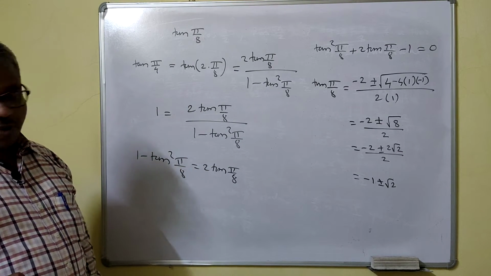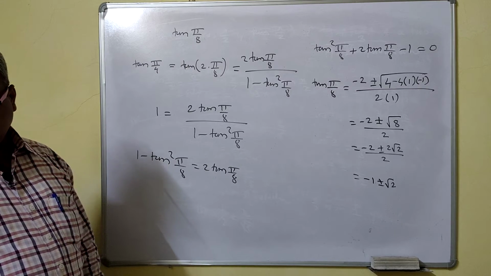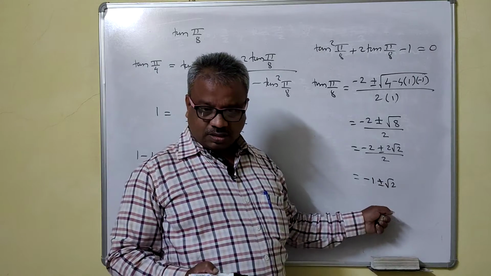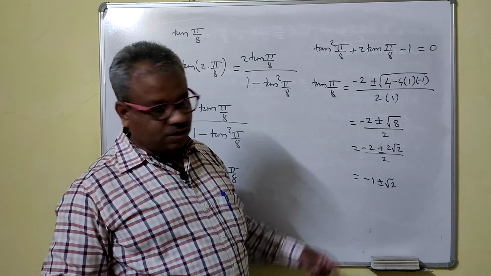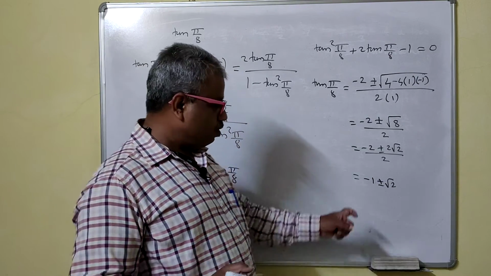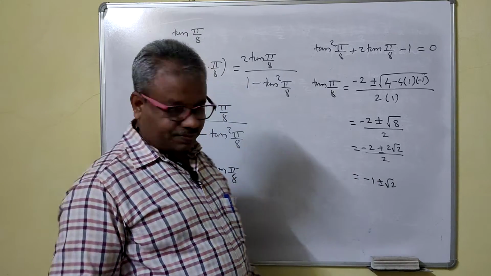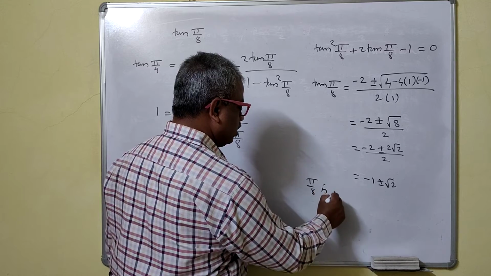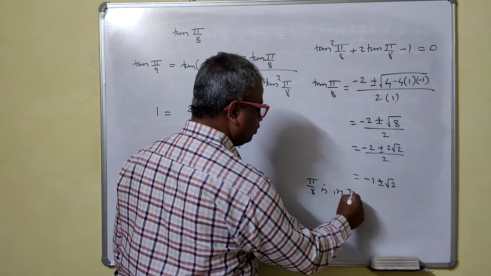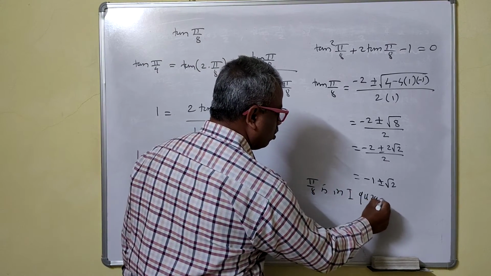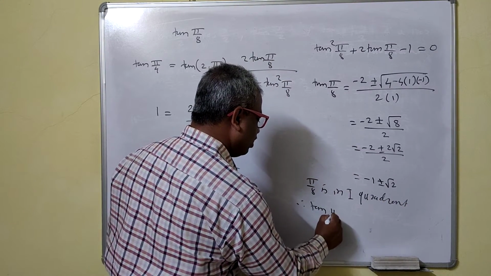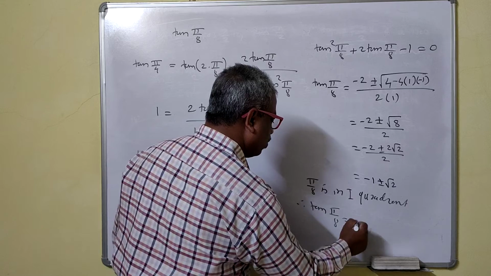Now you have to take the positive value. So which one is positive? If you take both as minus, then it will be a negative value. But you are in the first quadrant, so we'll take the positive sign. Since pi by 8 is in the first quadrant, therefore tan pi by 8 is minus 1 plus root 2.